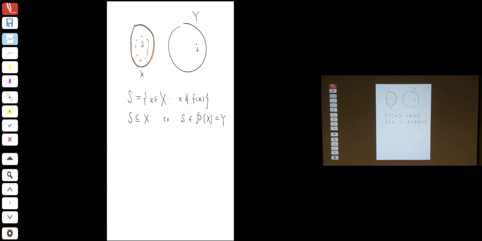So it is a point inside the power set because the power set is one level more abstract. So here I have a region, and then actually it is a dot inside Y.